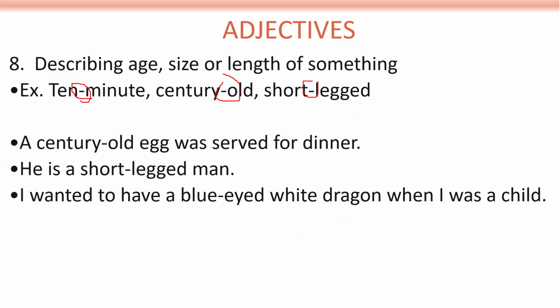One of the most confusing examples is when we talk about time, all right? For example, I'm going to give you a break time after a few minutes. I'm going to give you a 10-minute break time. Most people would write 10 minutes break time, but it's wrong.